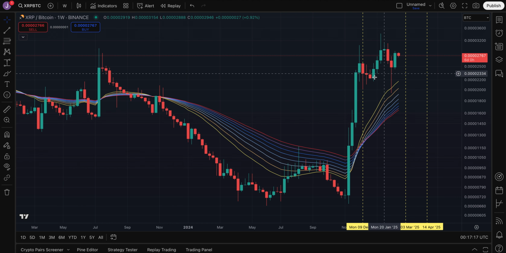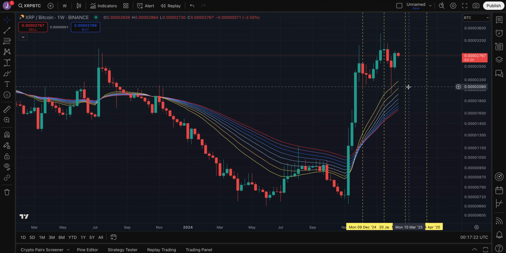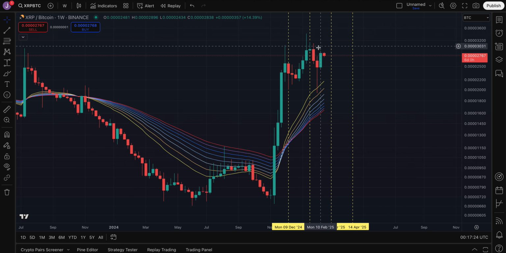And as we can see here, there's a lot of range to the upside and a lot of range to the downside possibility.